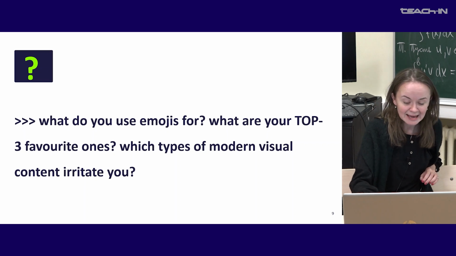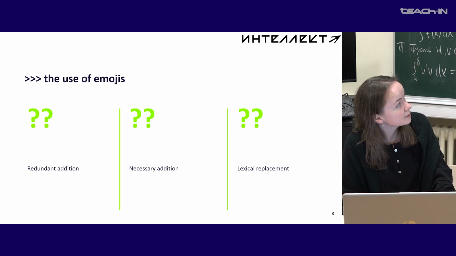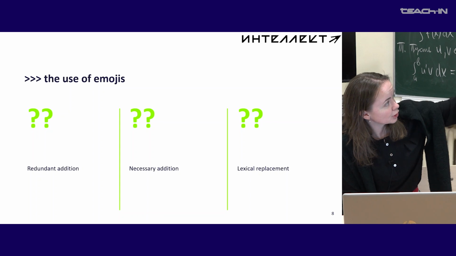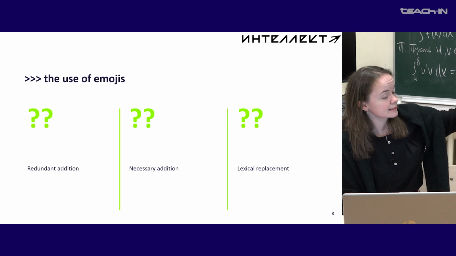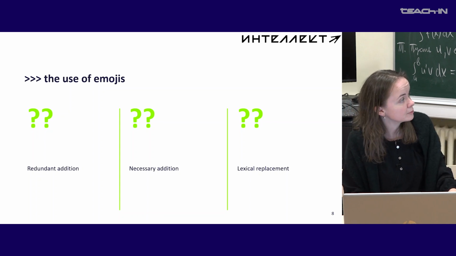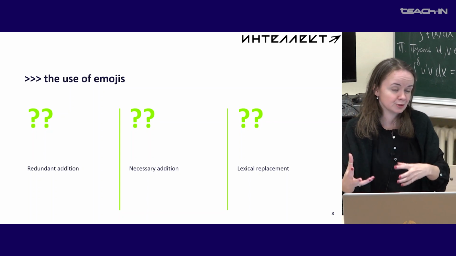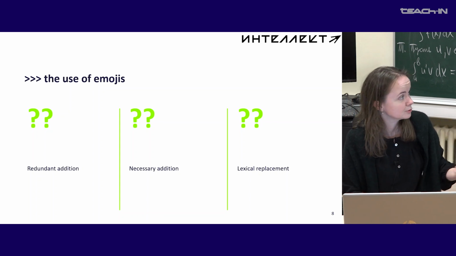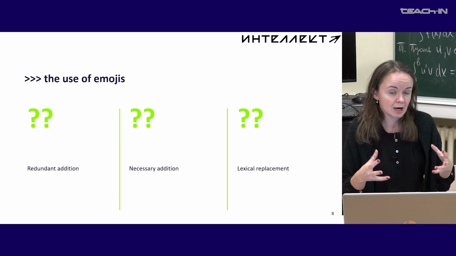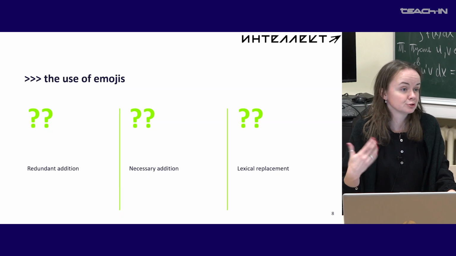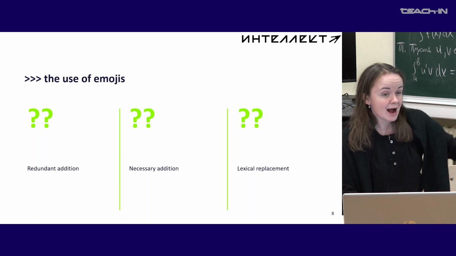That's right. Okay, in fact, again, for those who have just come, we started with this research devoted to images. So they say that we can classify all the use of images as three types: for lexical replacement, when we use a picture instead of a word or a phrase; for necessary addition, so normally this is about our emotions or attitudes towards something; and finally redundant addition.